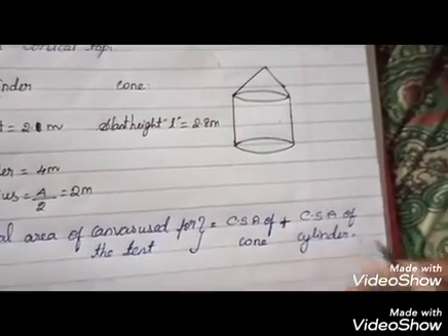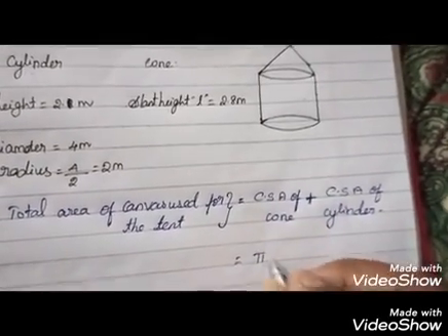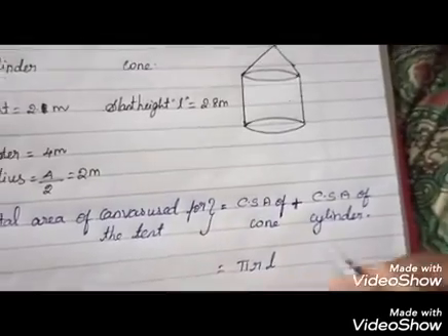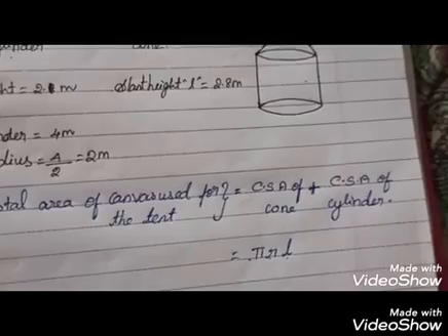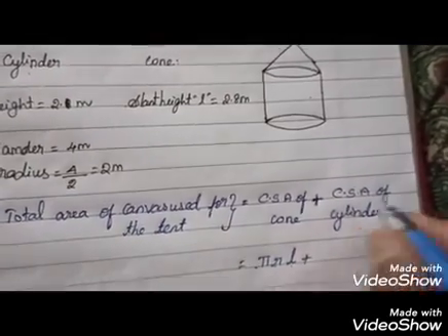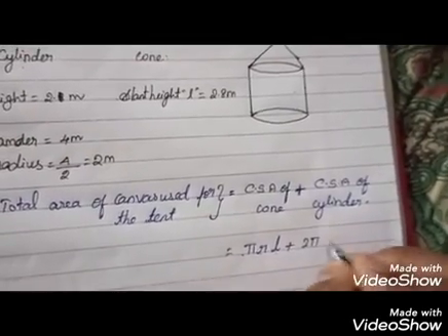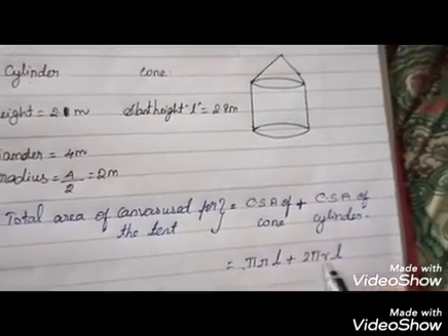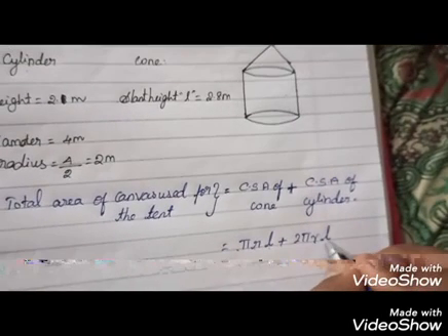What is the formula? That is pi r L plus 2 pi r h, curved surface area 2 pi r h, that is h. So now here I have to observe the pi value is common, and the radius is common, so I just take pi r out commonly.